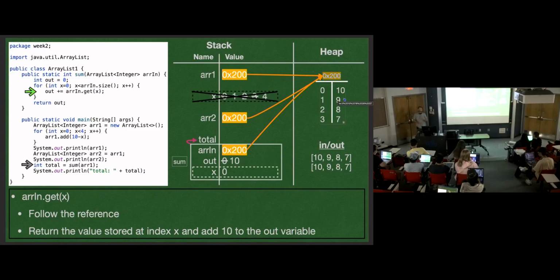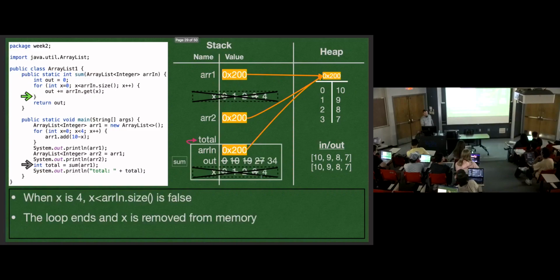We followed the map, we went to that memory address, that reference, and now we're sitting at this array list, and then we call the get method. So we're calling get on this array list 0x200, and getting x, which is 0. So give me the value at index 0, and we get 10. So that's the dot operator: I know you're a reference, don't care about the reference, take me to your object. Take me to the heap.